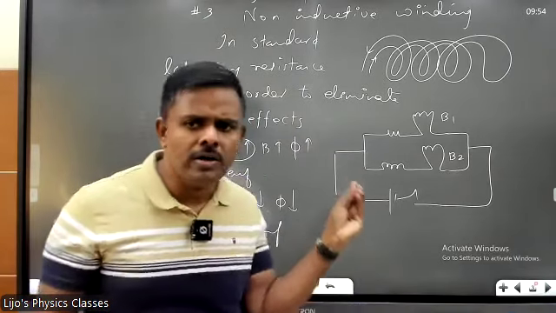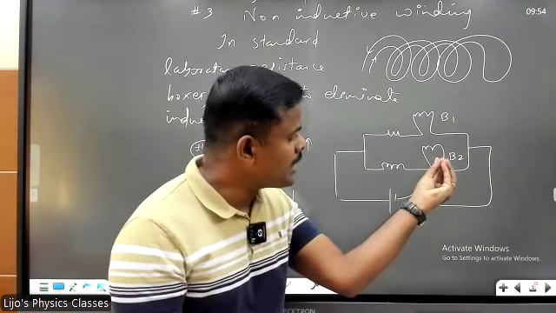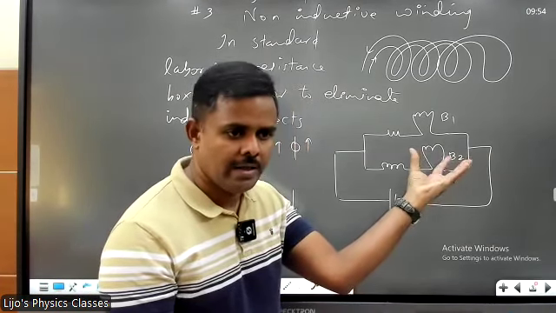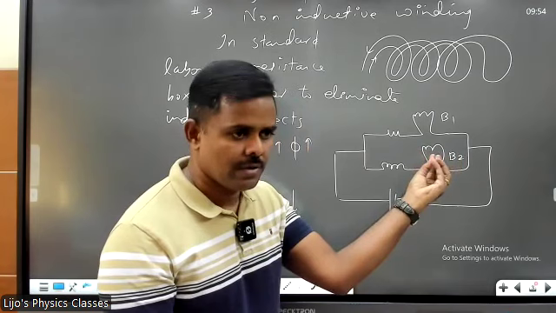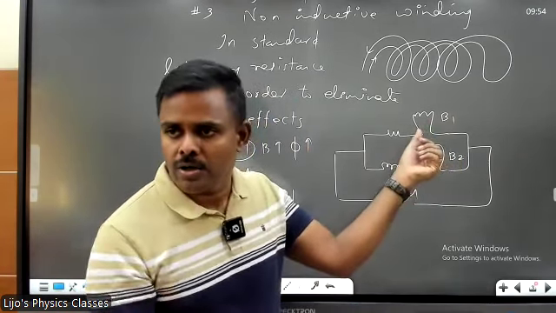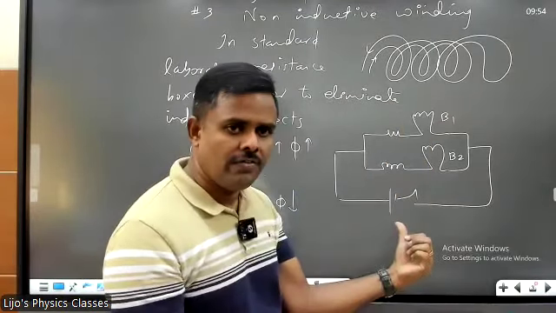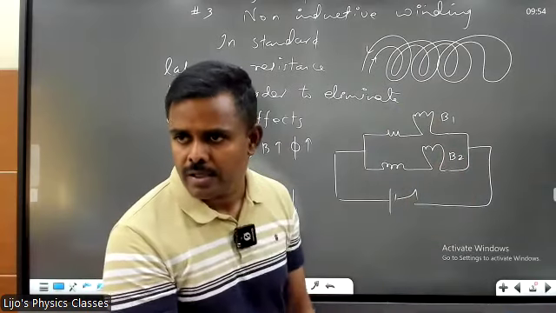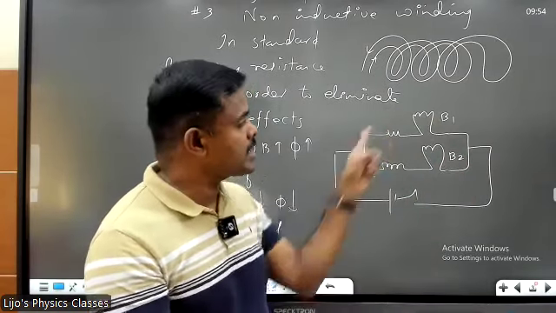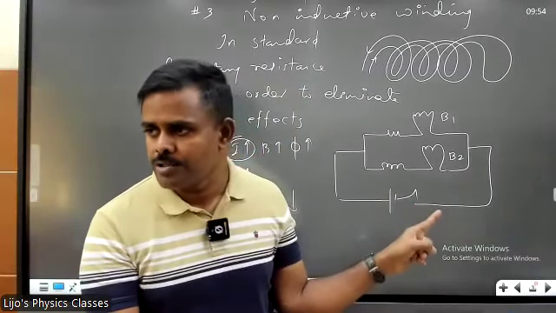So it takes a very long time to decay, which means this bulb will turn on very slowly and take a long time to turn off. Got it? Whereas the resistor one will have no delay at all. The moment you switch it on, it turns on, and the moment you turn it off, it switches off. Understood? There will be a spontaneous response from bulb B1, whereas a very delayed response from bulb B2.